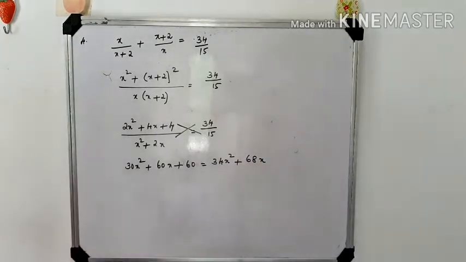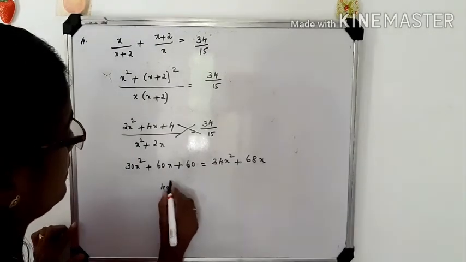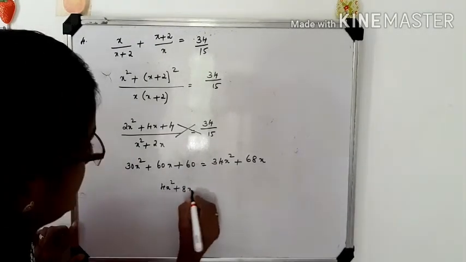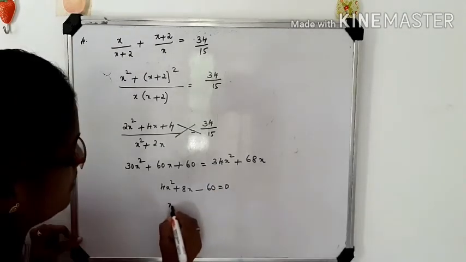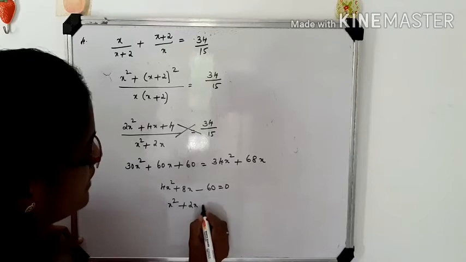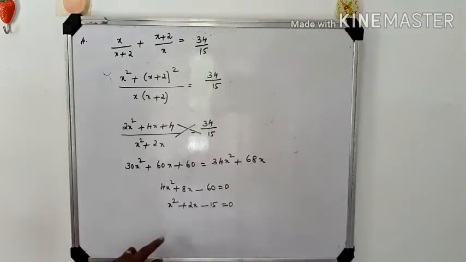Now combining them, taking everything to one side, the equation becomes 4x square plus 8x minus 60 equals 0. 4 can be taken common. x square plus 2x minus 15 equals 0.